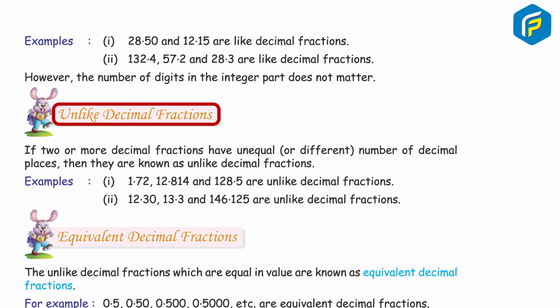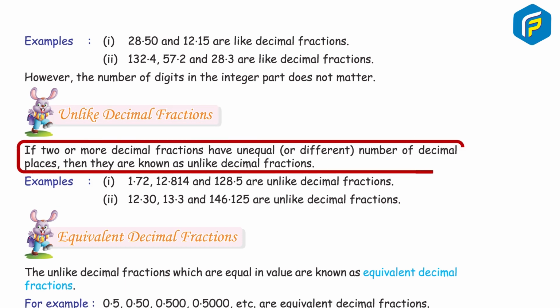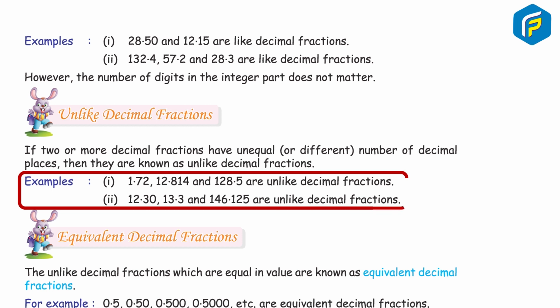Unlike decimal fractions. If two or more decimal fractions have an unequal or different number of decimal places, then they are known as unlike decimal fractions. Example 1: 1.72, 12.814 and 128.5 are unlike decimal fractions. Example 2: 12.30, 13.3 and 146.125 are unlike decimal fractions.